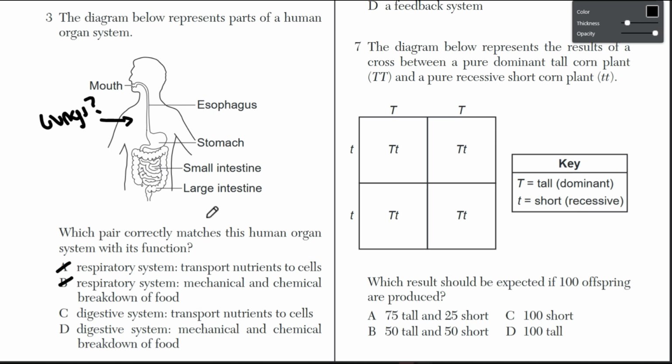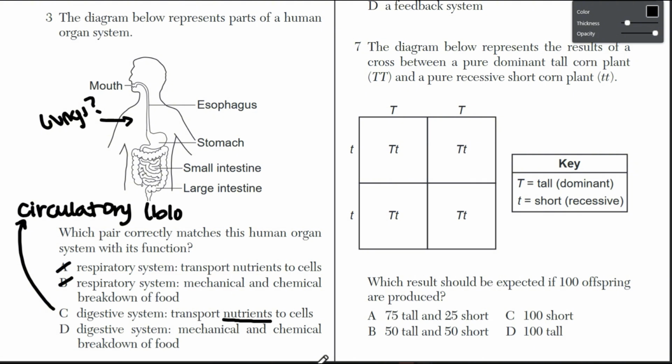So this is a little bit of a tricky one because we know that the digestive system is to bring nutrients into our body to absorb them, but does it transport? No, it actually works with our circulatory system.